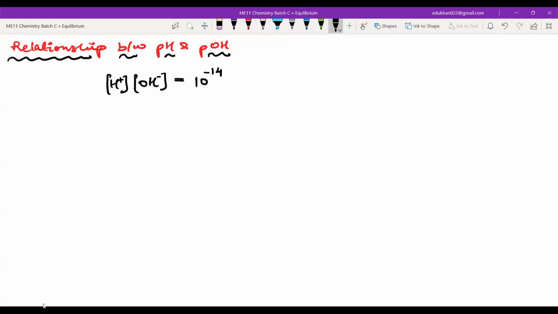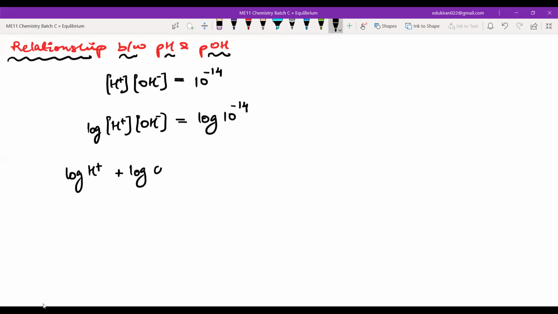This is always true. Now I can take log on both sides. So I will write log of H plus into OH negative, it is going to be equal to log of 10 to the power minus 14. And then I can write log of H plus plus log of OH negative is equal to minus 14. Because this minus 14 will come down.